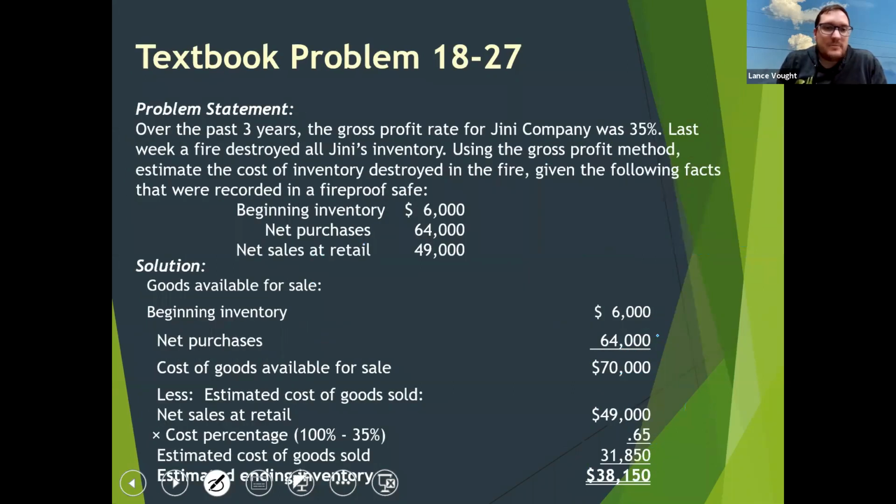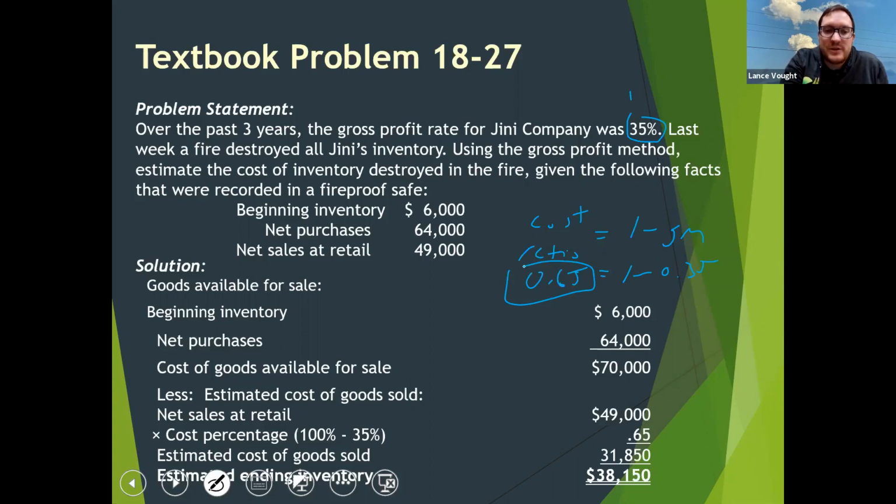And then the last problem is basically doing the complement of what we just did in terms of the gross profit rate analysis. If we know the gross profit rate is 35%, remember the cost ratio is the complement of gross margin. So it's 1 minus 0.35, which is 0.65.